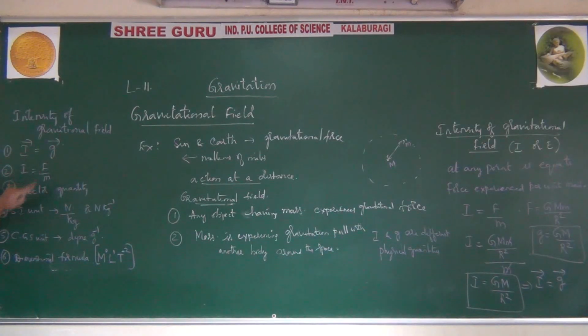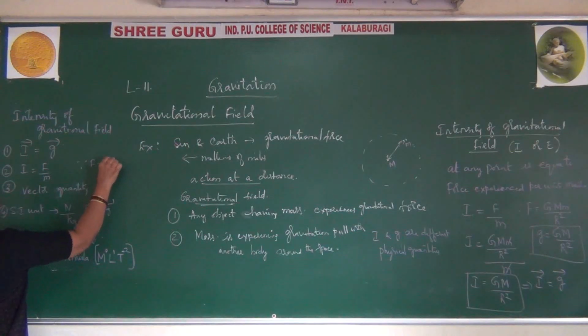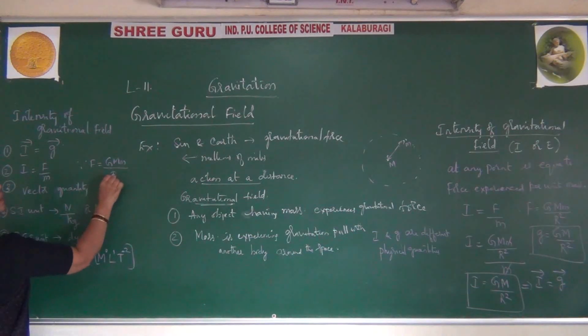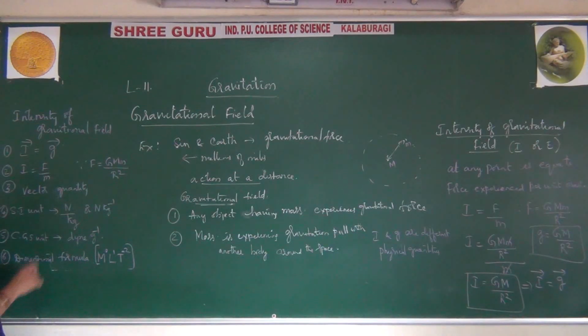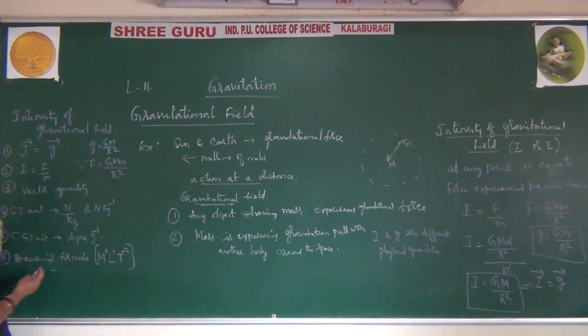What is F here? I write here itself, where we know F is equal to capital G M by R square. Right? What is small g? Small g is equal to G M by R square. By using this we get this expression. So these points you just remember; you will get them in objective type questions. Maybe 1 or 2 more questions you may expect.